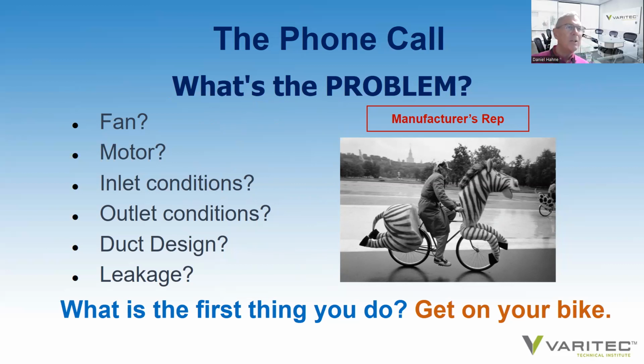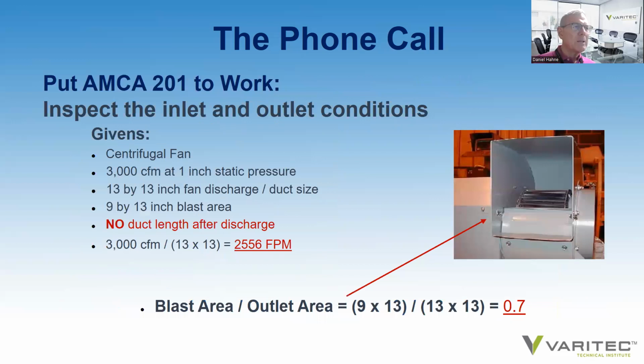So the first thing you need to do when there is a shortage of flow performance is the field installation needs to be inspected. Let's look at the actual design of the fan for this sample configuration.